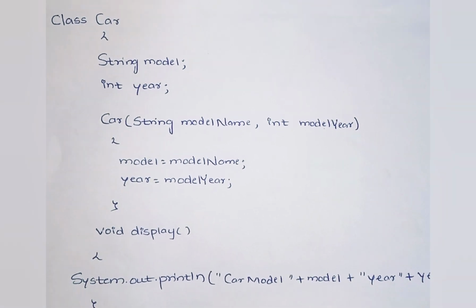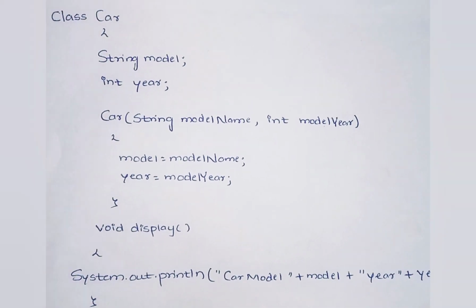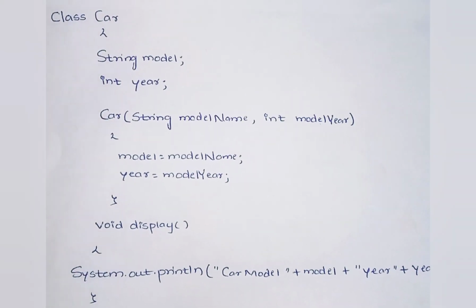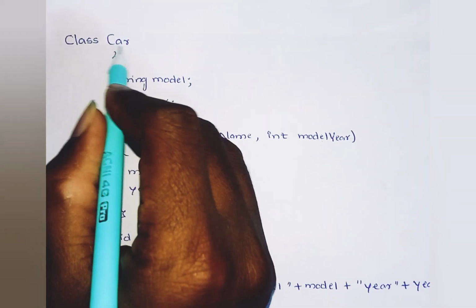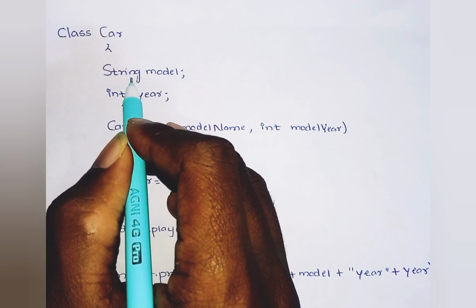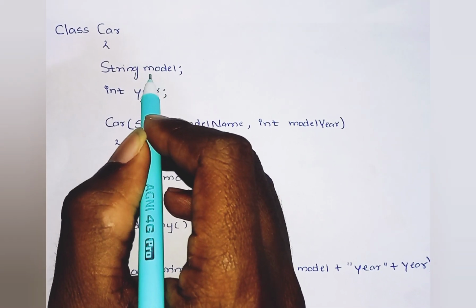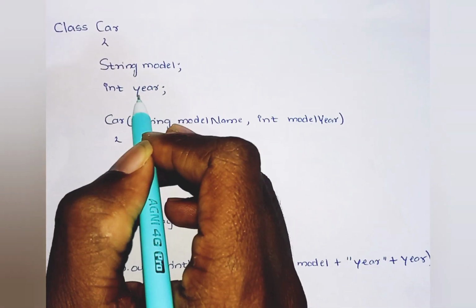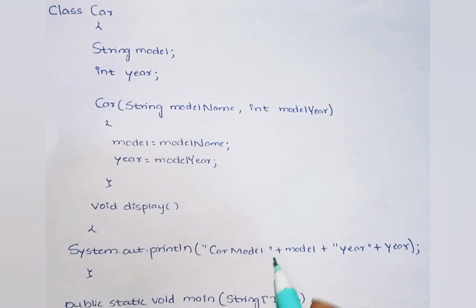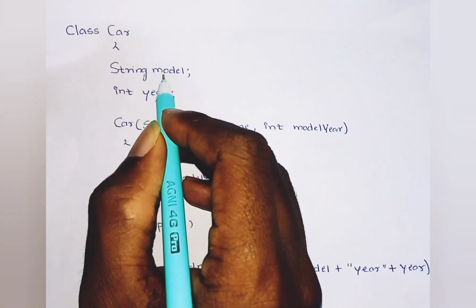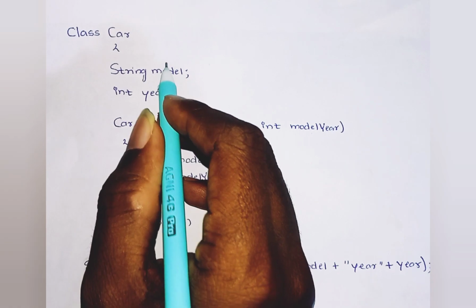Now you can see here, this is a constructor having parameters, so we call it a parameterized constructor. Here I have taken the class name as Car, and inside it I have taken variables like model, which is of type String, and year, which is a variable of type int.